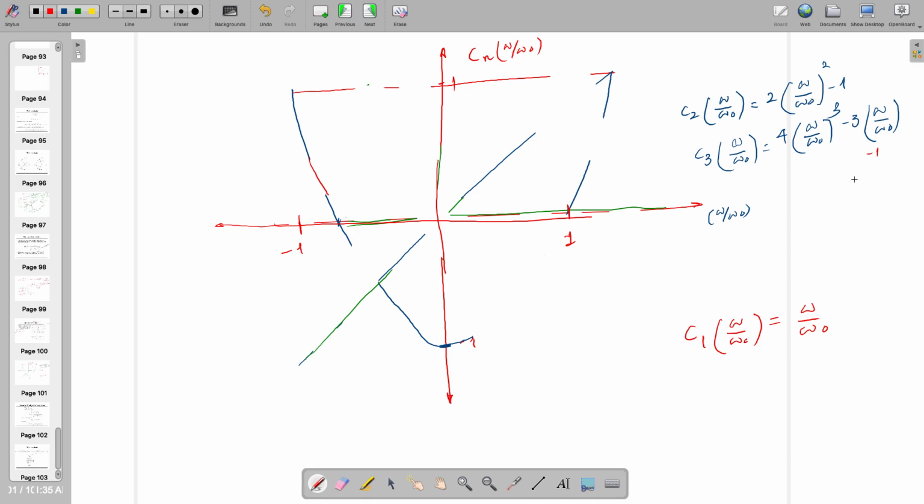This is -1, so it's +3. This is -1, -4, so it's -1. It has to start from here, right? And when omega by omega naught is equal to +1, what will be happening? It's +1, right? And at 0, it's 0.